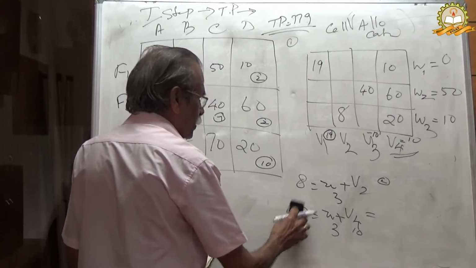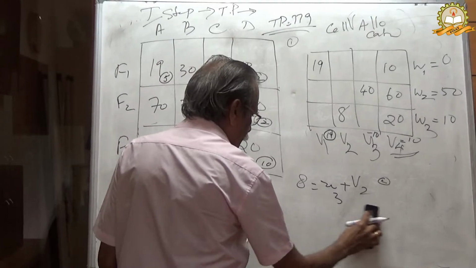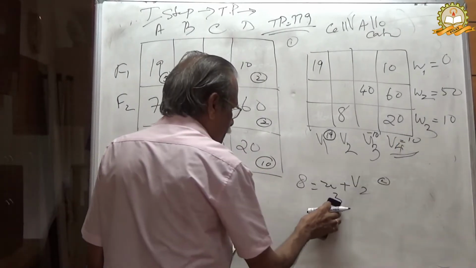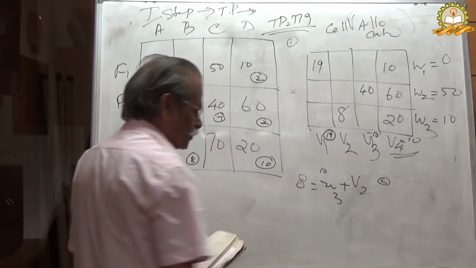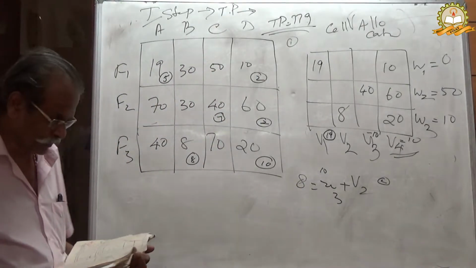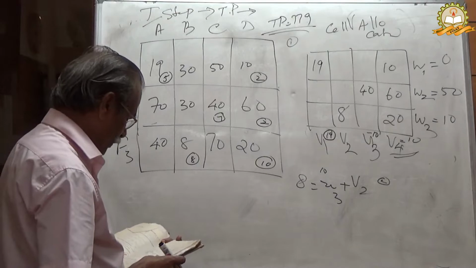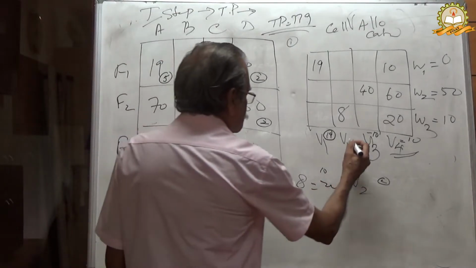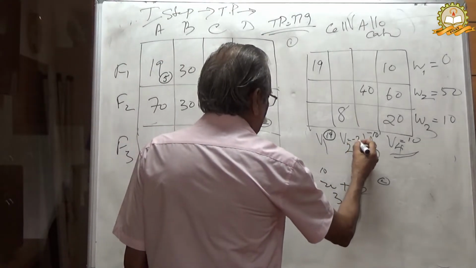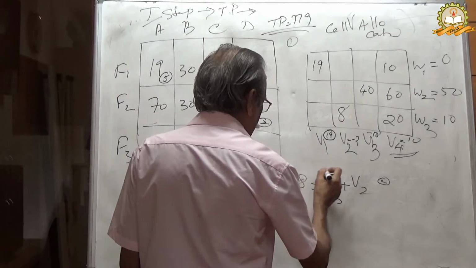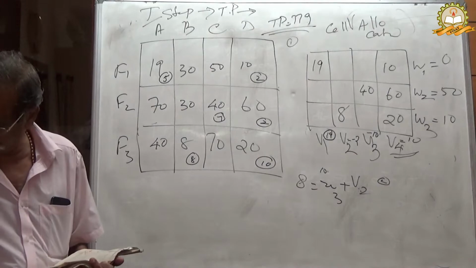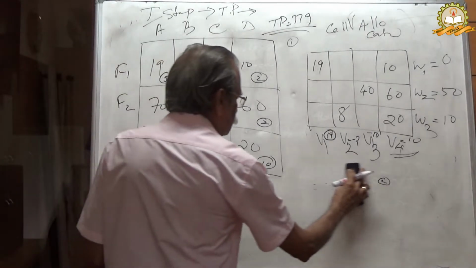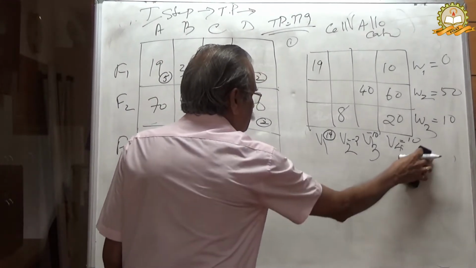Therefore, U3 equals 10. When U3 equals 10, 8 equals 10 plus V2. Therefore, V2 equals minus 2.